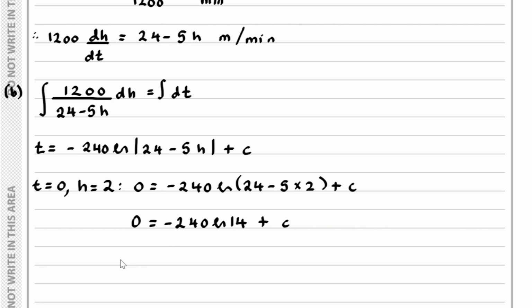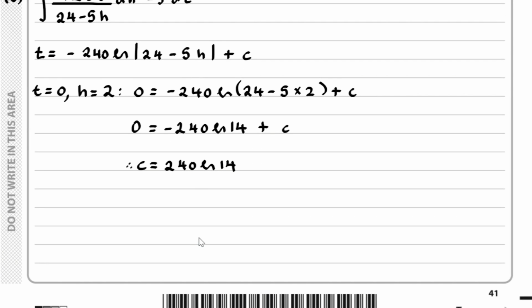In other words, c is equal to 240 times the natural log of 14. So, we can therefore conclude t is equal to 240 times the natural log of 14 minus 240 times the natural log of the mod of 24 minus 5h.